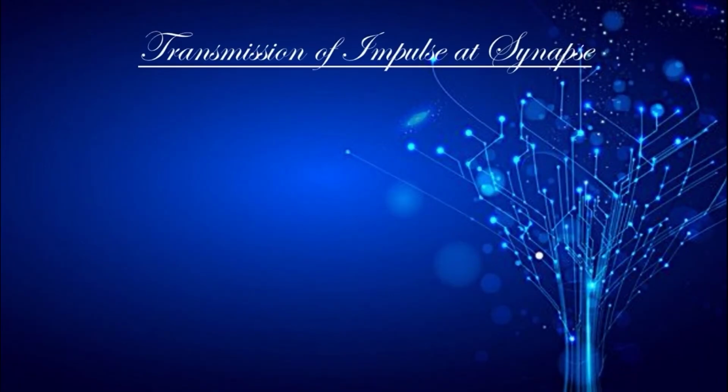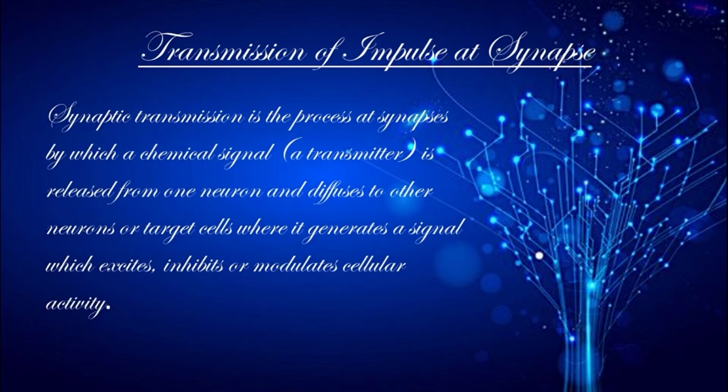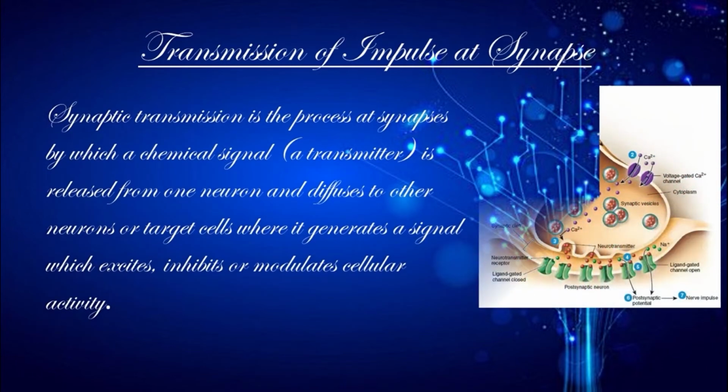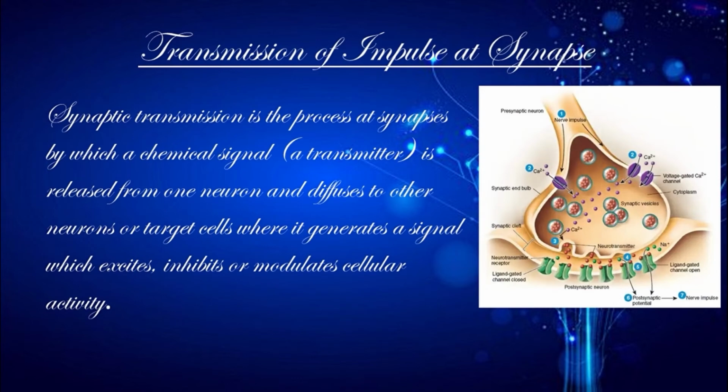Next, transmission of impulse at the synapse phase. Now, you might be wondering, why was there a change of the electrical impulse into a chemical compound known as the neurotransmitter? The main reason is because two neurons are not directly connected to each other.